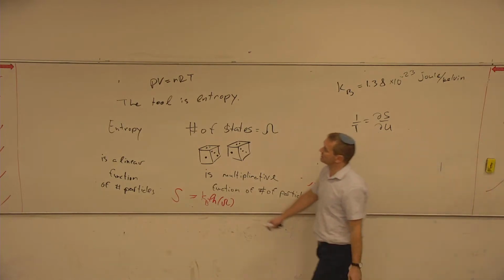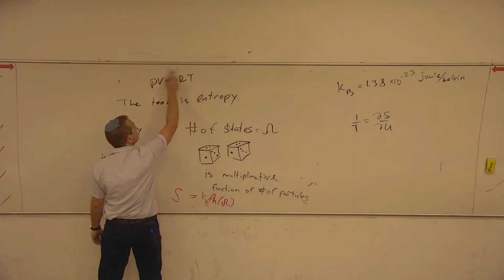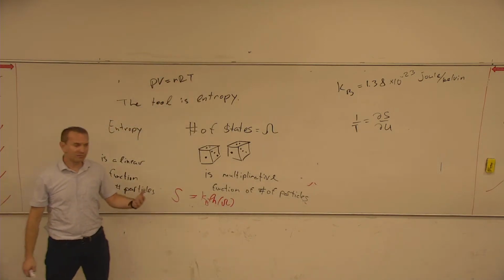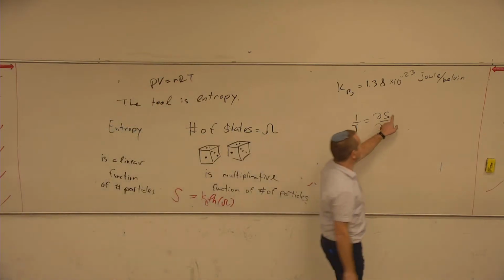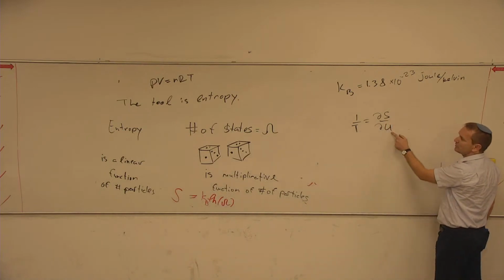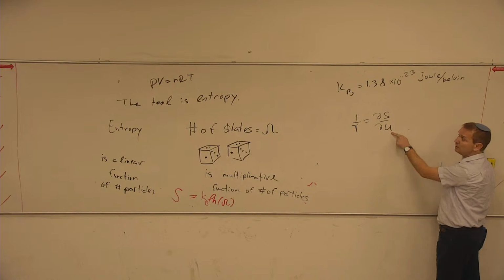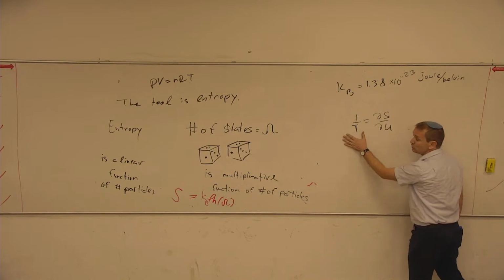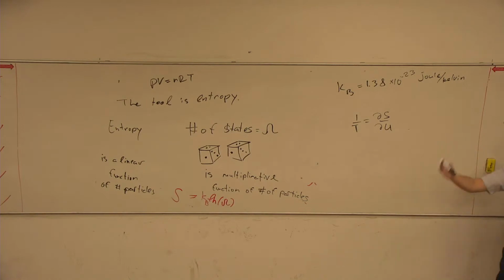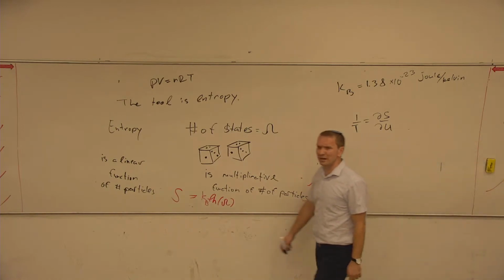And I want to obtain some sort of an equation of state, like this one, for thermodynamics. I take S, I write it down in terms of the energy of my system or the average energy of my system. I take the derivative and I relate it to the temperature. And that's it. And then I can play all these different games of thermodynamics.